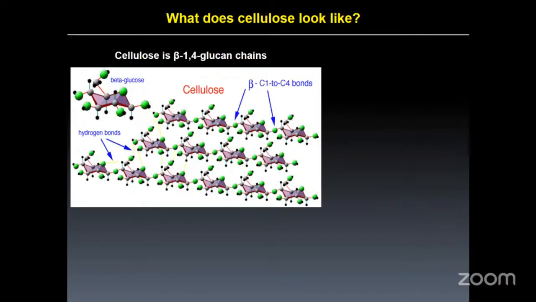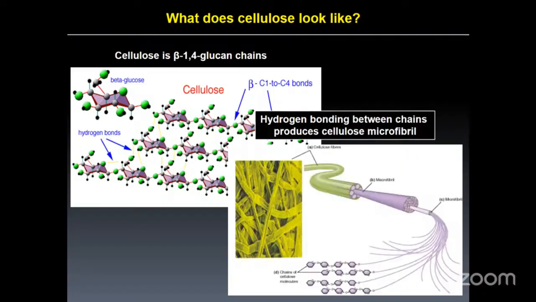To understand that, we first need to look a little bit more at what cellulose looks like. It's a quite simple polymer. It's just glucose units that are stitched together in beta-1,4 linkages. And then they align with each other to form hydrogen bonds, and it makes these very strong microfibrils or macrofibrils.